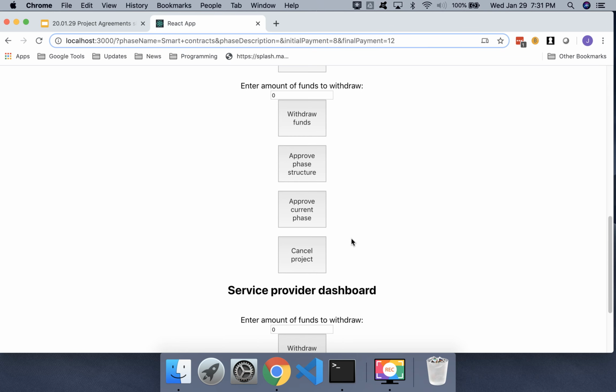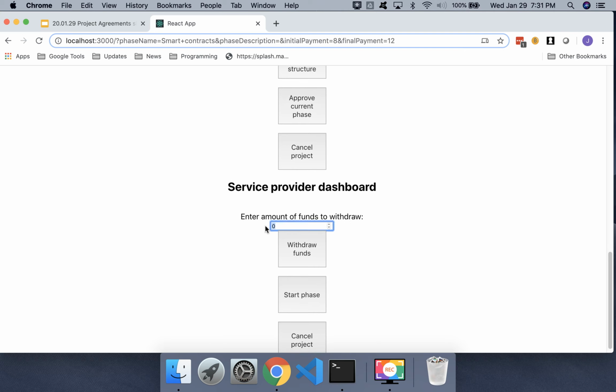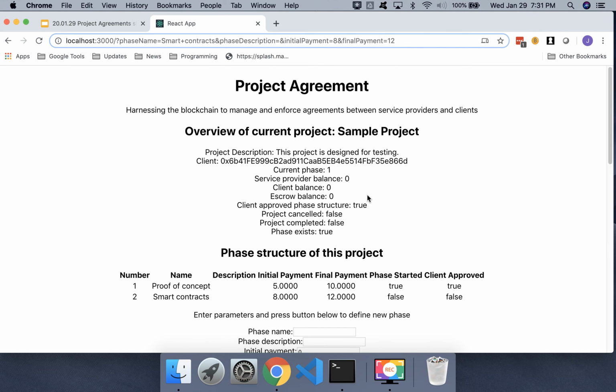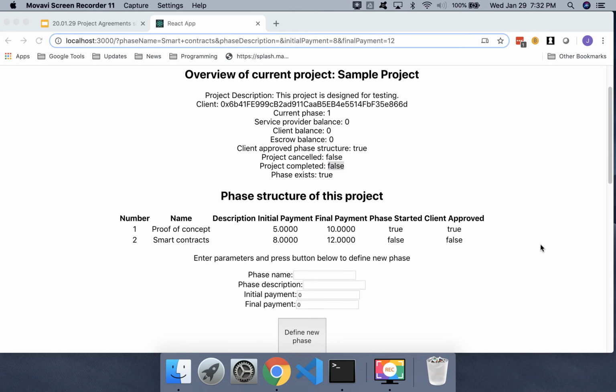We'll go down to the service provider dashboard, and the service provider will withdraw that 15 ETH into his or her own wallet. Now we can see that the service provider balance is 0 because they have withdrawn the 15 ETH.